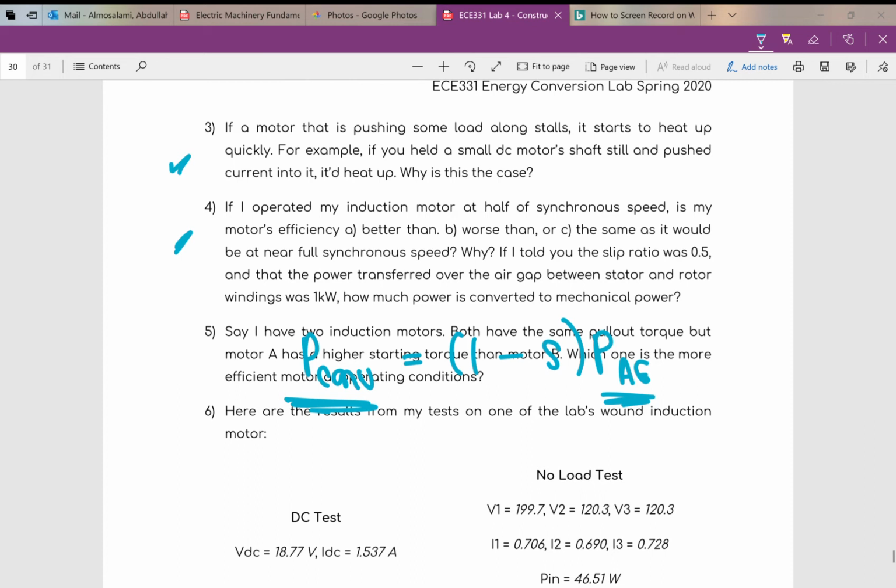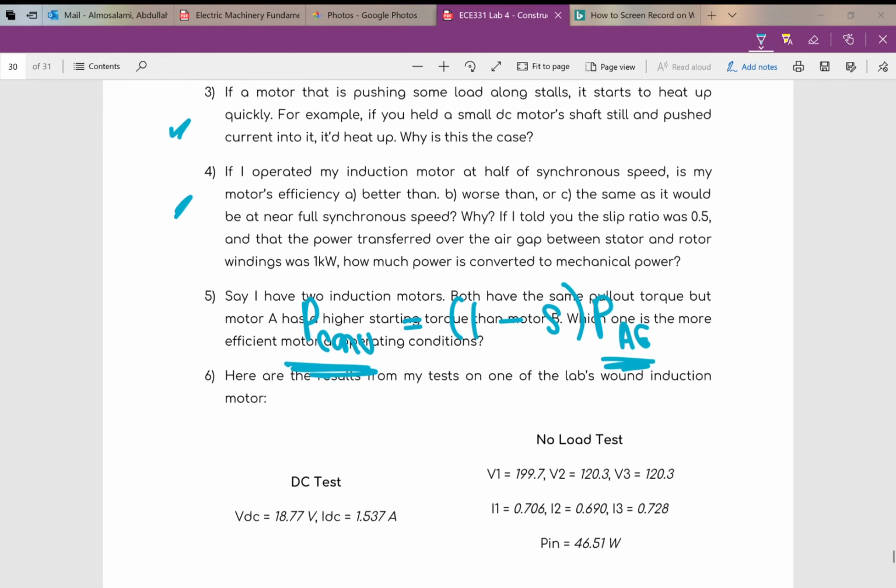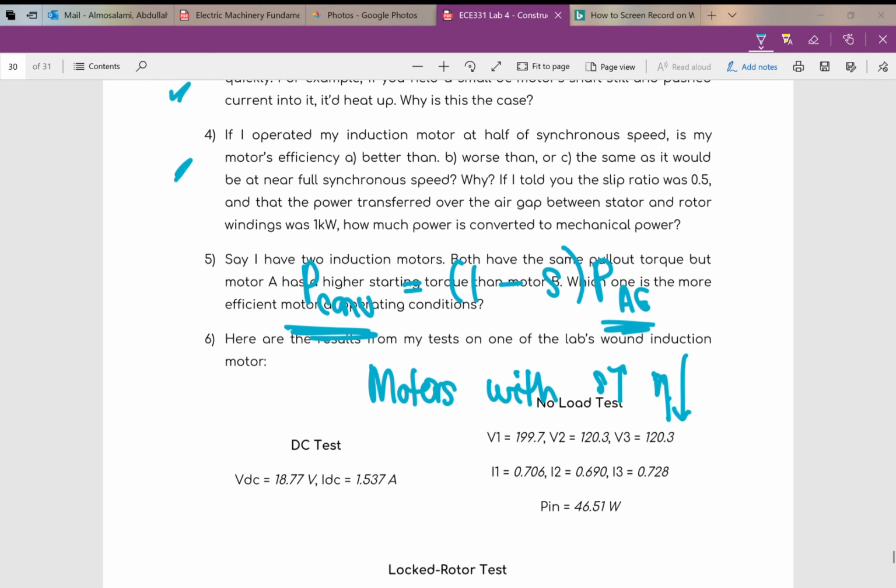So from this, I concluded, okay, in the video, that motors with a high value of S have less efficiency. Okay, which means that motors whose operating condition is at a slower speed than synchronous speed have lower efficiency. So that answers this question.